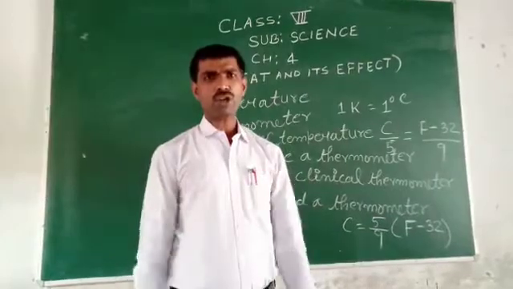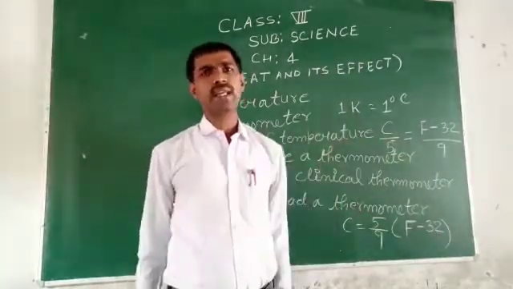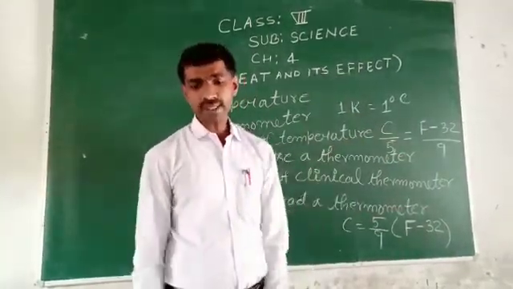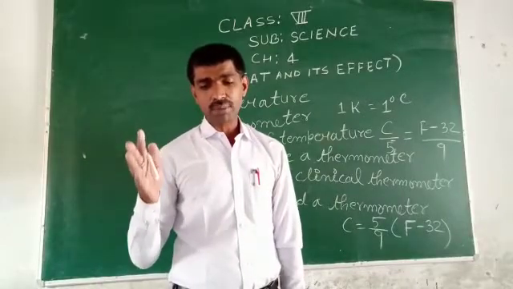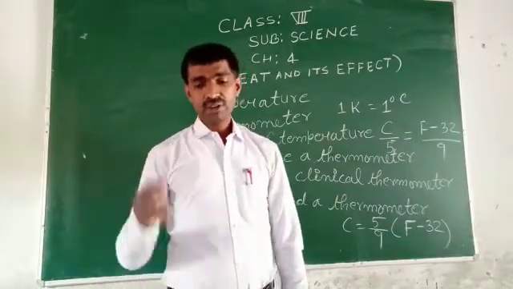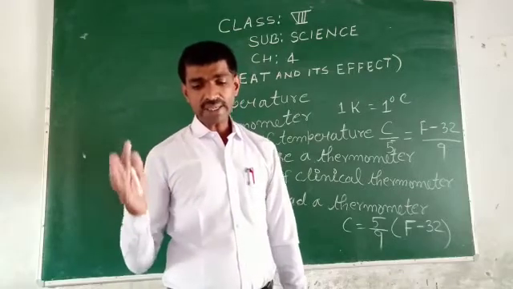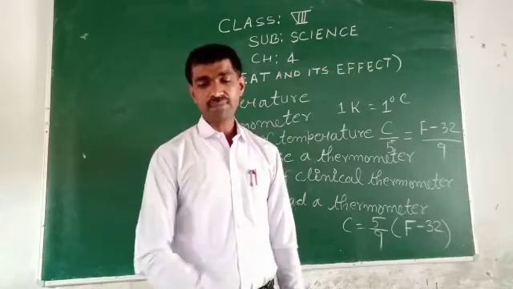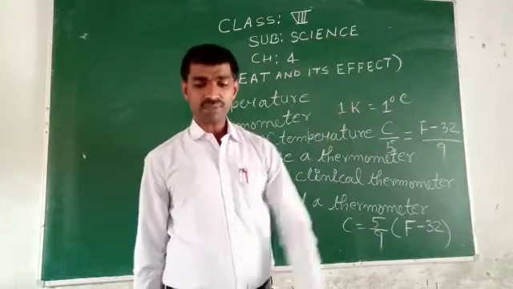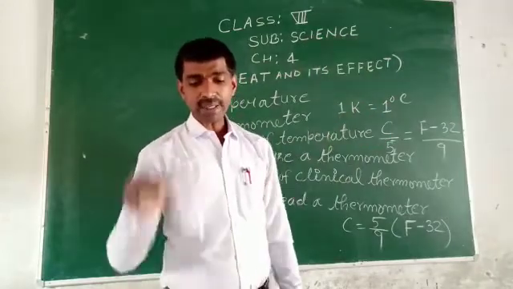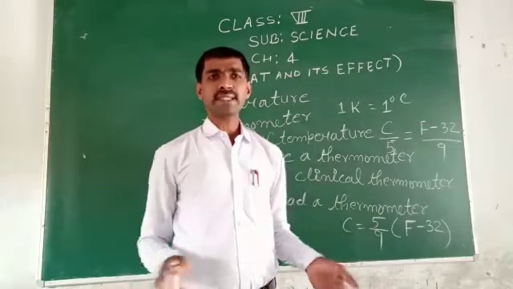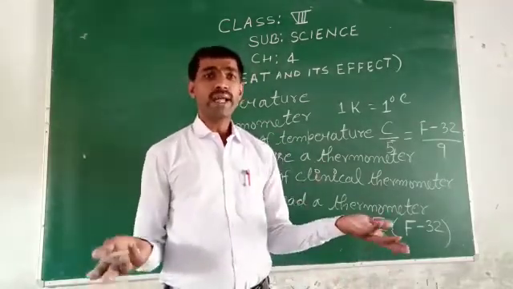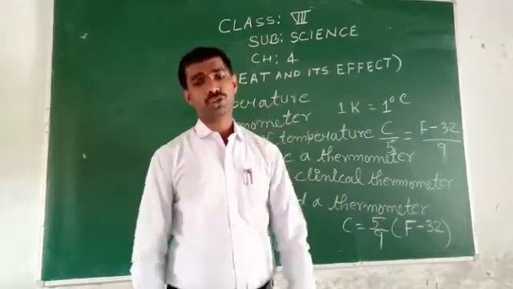It works on a principle different from that of a liquid thermometer. We read the temperature on the LCD display of the digital thermometer and press a button to reset it.